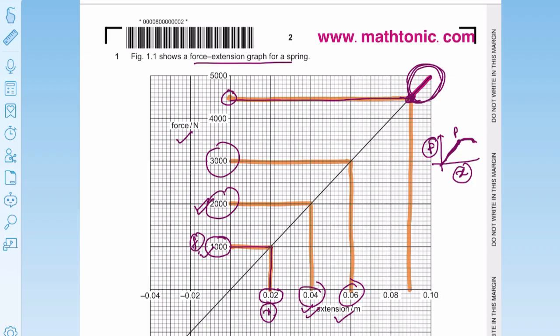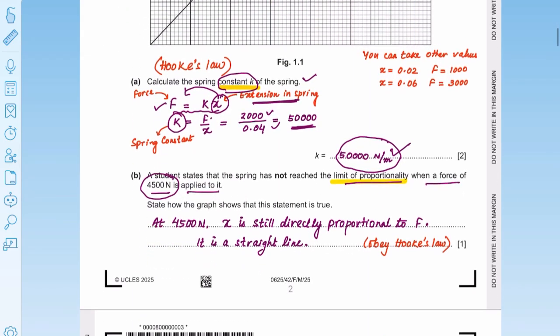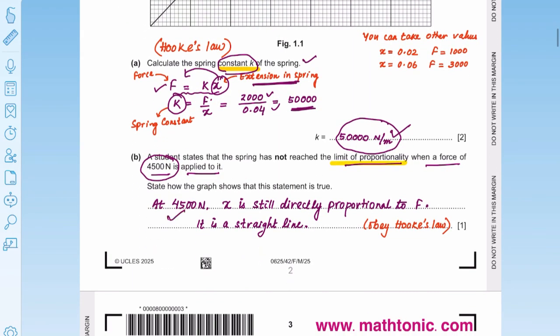That means after 4500 also, the extension on the x-axis and force on the y-axis give a straight line. That means they are directly proportional to each other. That's why we can say that at 4500 Newton, the extension in the spring is still directly proportional to force, and it is a straight line. That means it is obeying Hooke's law.